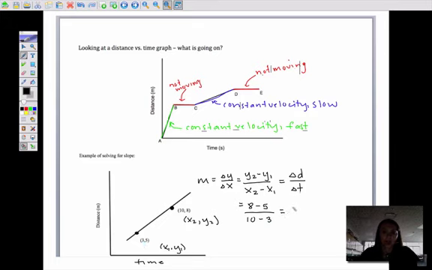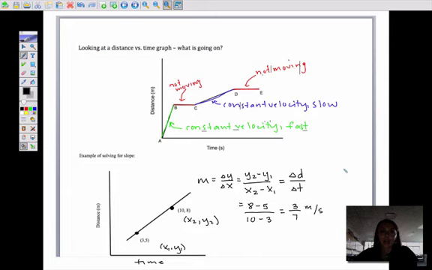So 8 minus 5 is 3, while 10 minus 3 is 7. So our slope is 3 over 7. Now because it's a distance over time graph, 3 over 7 is our slope, which means it's actually our velocity too. So if we're solving for our average velocity, it would be 3 over 7 meters per second.